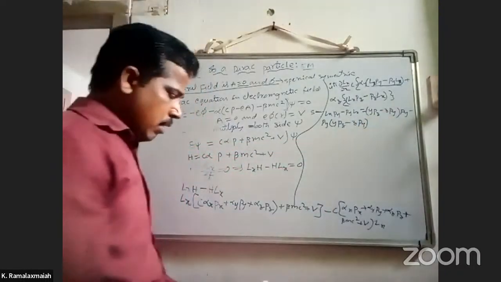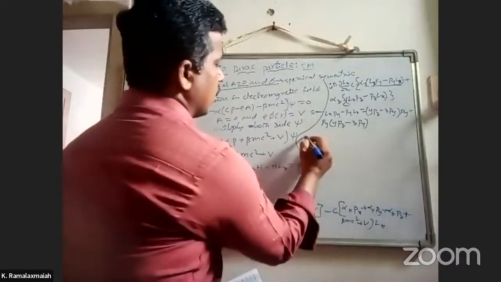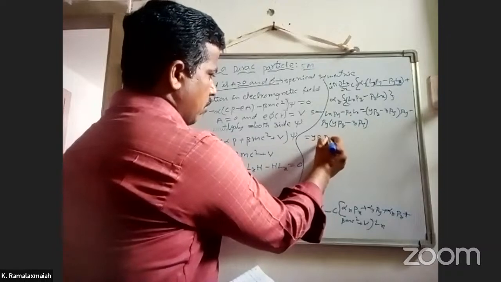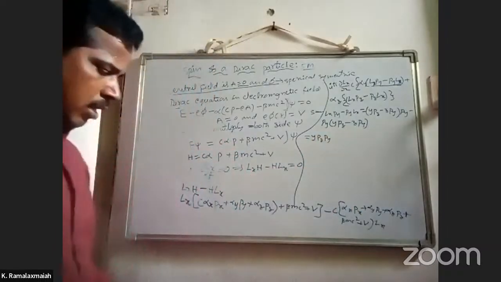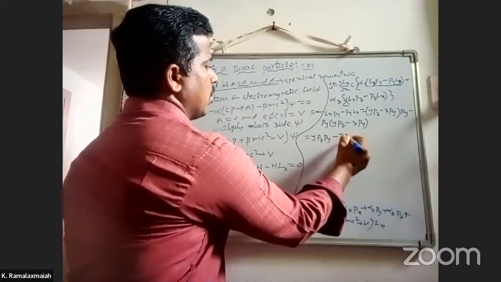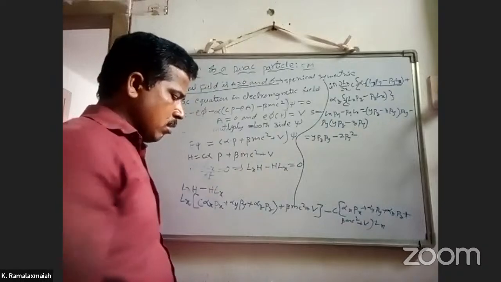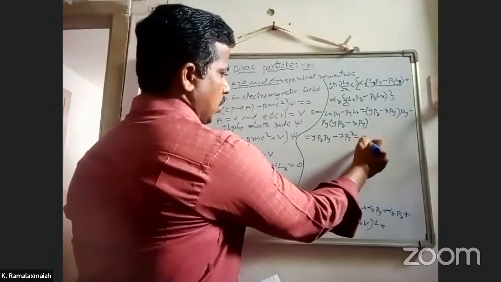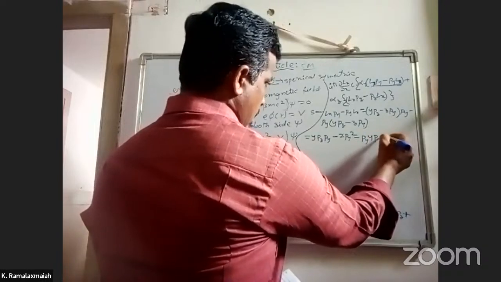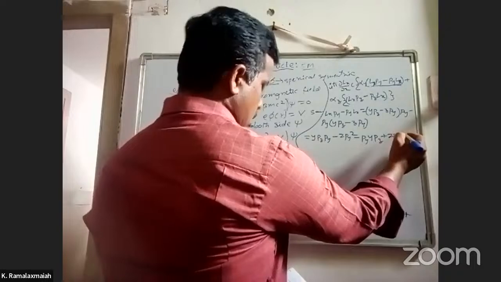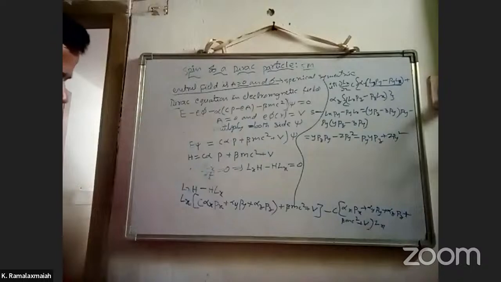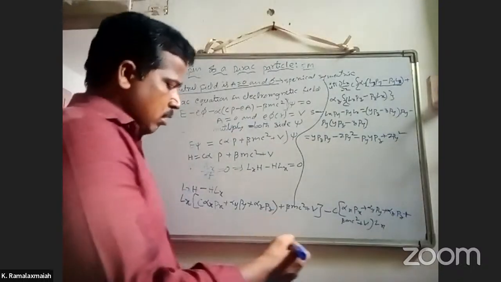Okay, both sides are multiplied, remaining ypzpy minus py square minus ypz plus zpy square.